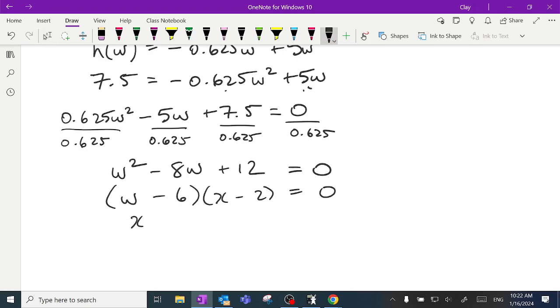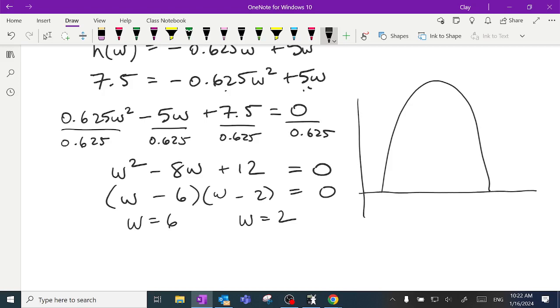So w equals 6 and w equals 2, those are my two x-intercepts. So basically, if I were to look at the graph again, here's the graph.